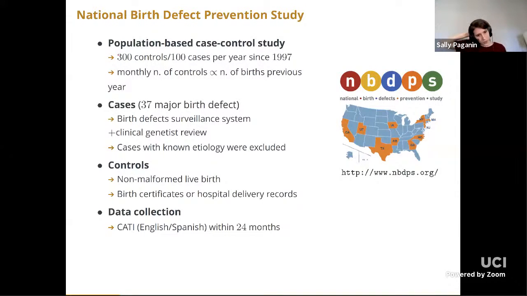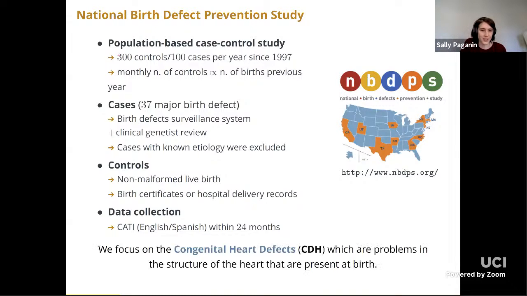When I was introduced to this study, the people working with the data were calling the data set the baby monster, just to give you an idea that there is a lot of information and this huge data set to deal with. Since we wanted to start from something, we decided to pick a subset of the data. In particular, we focus on congenital heart defects, which are problems that occur in the structure of the heart of the baby.